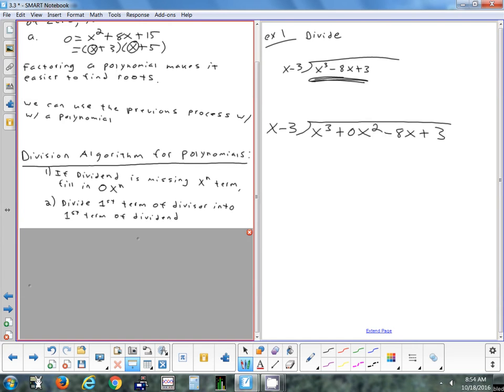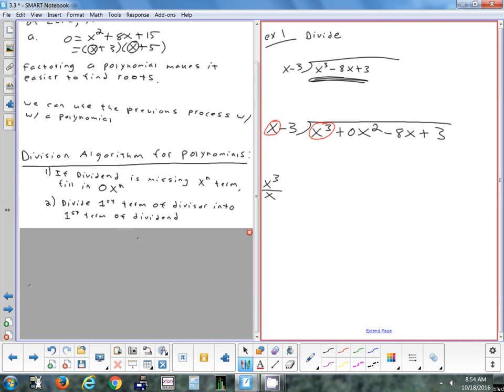All right, second step. You're going to divide the first term of your divisor, which is that, into the first term of the dividend, which is that. So off to the side, what you're trying to do is x cubed divided by x.